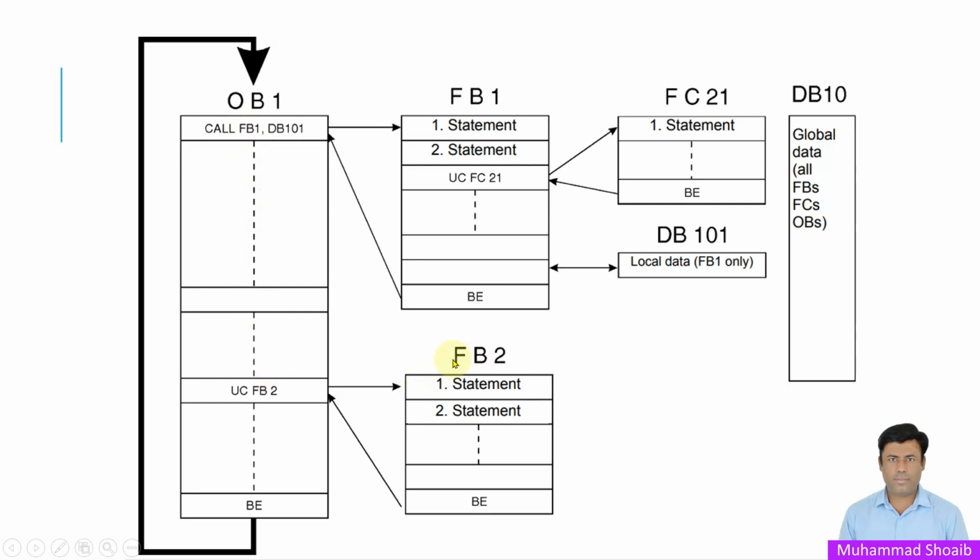You can see FB2 is there. Once FB1 is executed and then FB2 is executed and it also returns, OB1 will update whatever the status is in the output status. So that is how this works.